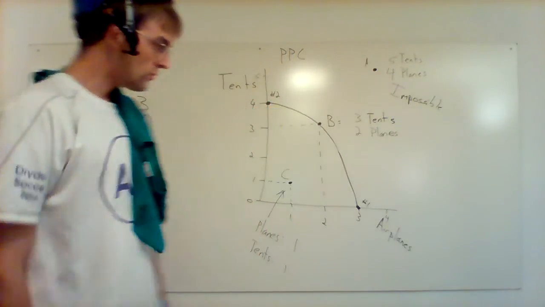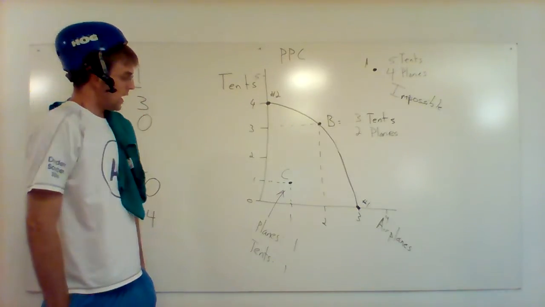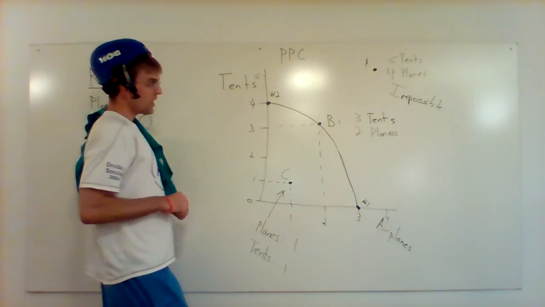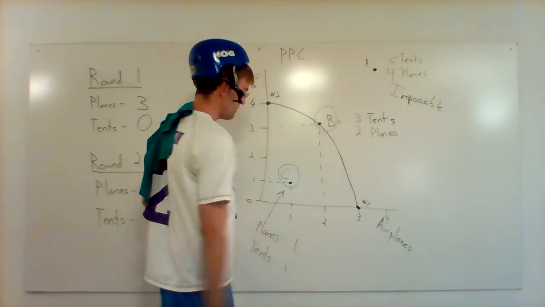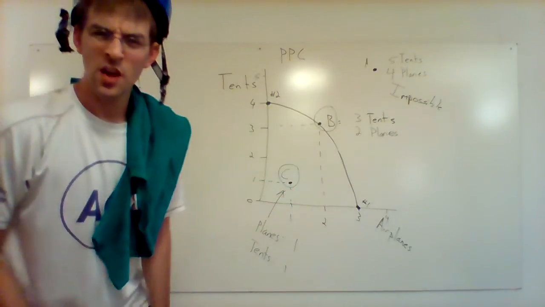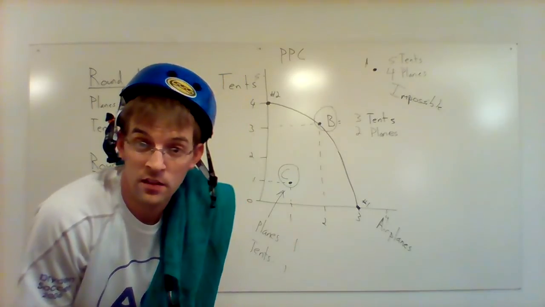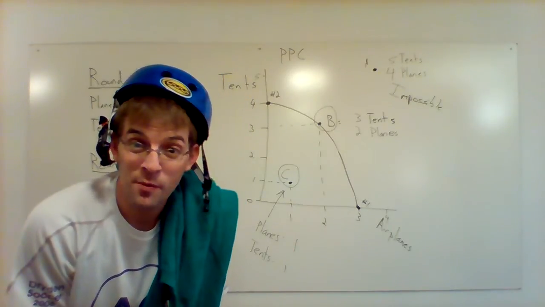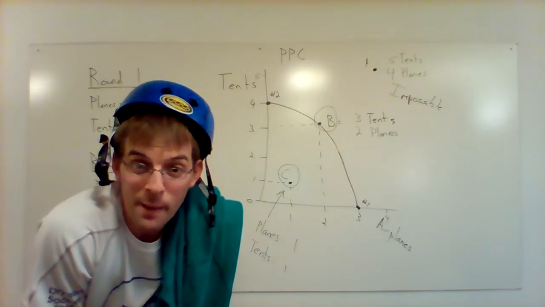Now, the final thing that I'm going to show you here, actually 2 things. Between C and B here, C and B are both possible, but where would you rather be, at point B or point C? I'd rather be at point B because I'm producing up to my abilities.